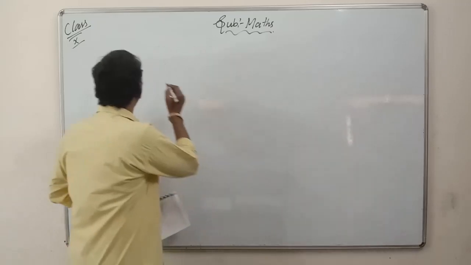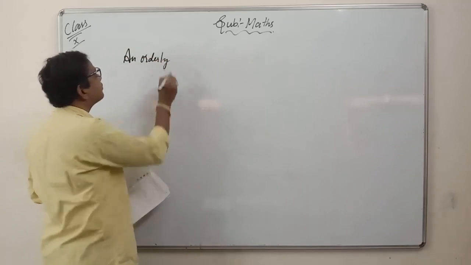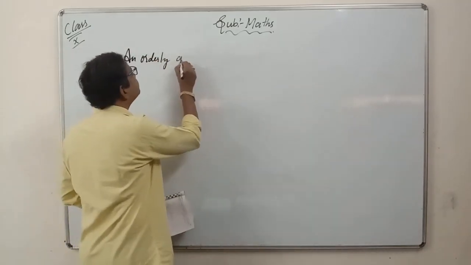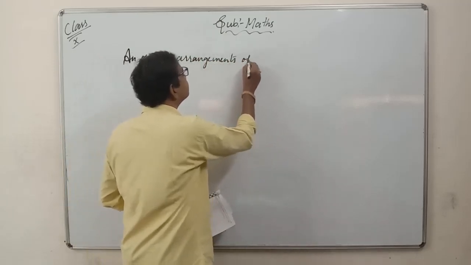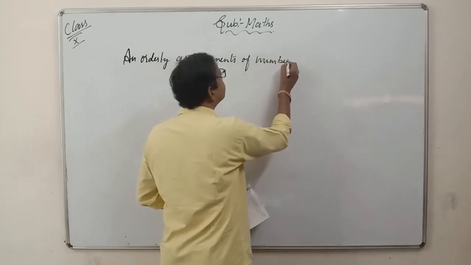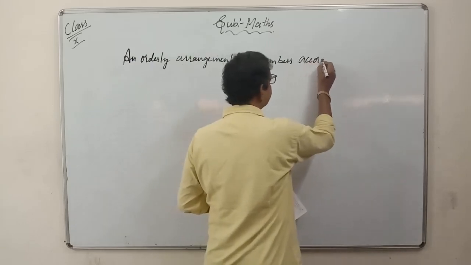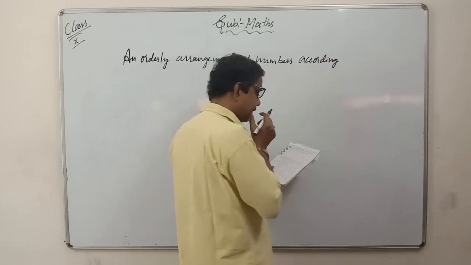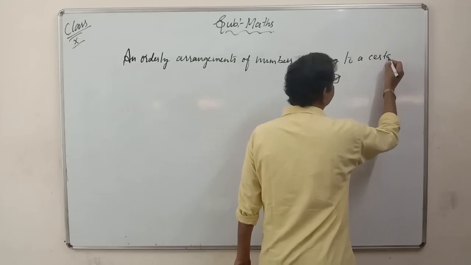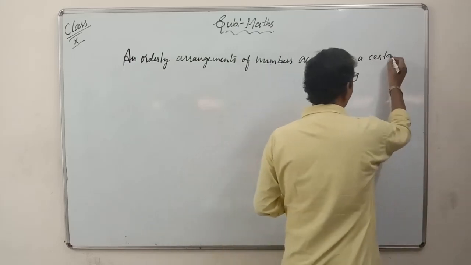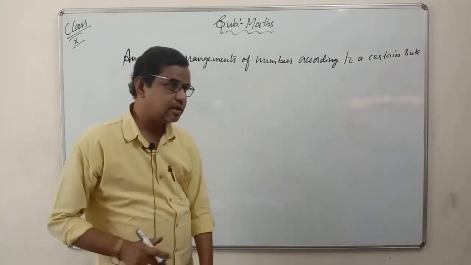An orderly arrangement of numbers according to a certain rule is called a sequence.